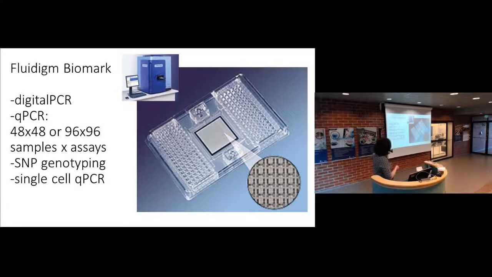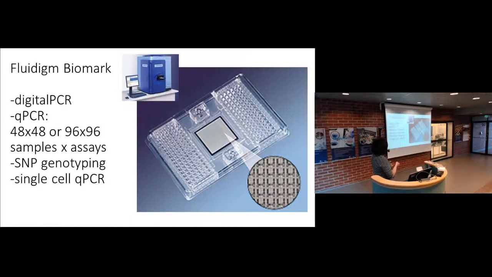So you can put, let's say, 96 different patient or control RNA samples here, or cDNA samples, and then your 96 target genes, what you want to measure from each of the 96 patients.